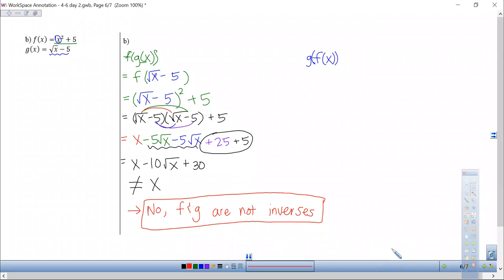Just for the sake of practice, we're going to do g of f of x. It's a lot shorter than the last one was. So if I had gotten x here, I would have to do this. Because I didn't get x, I don't have to do this part, but we're going to do it for practice.